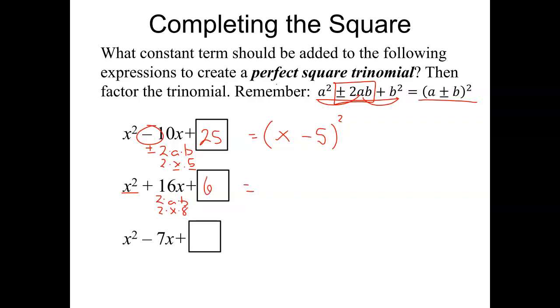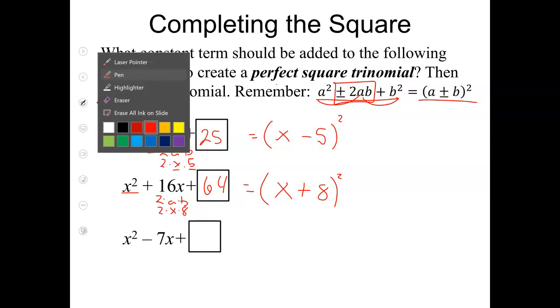So B squared is 64. So now we can factor it. X plus or minus? Plus what? 8 squared. Alright? So now let's break this down.